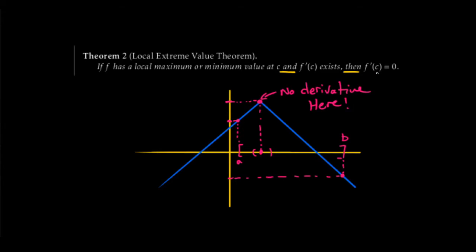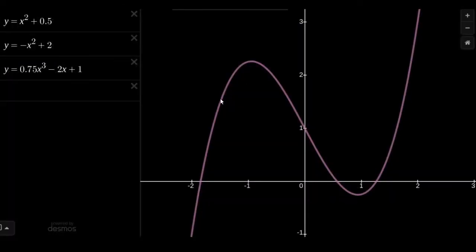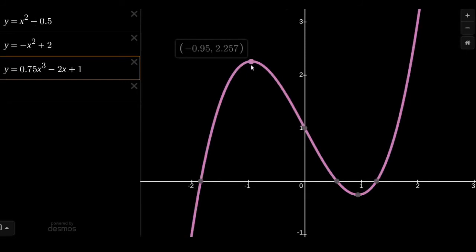Let's look back at our graphs real quick to see exactly how this works. All right, let's tab on over. There we go. Looking at this guy, local maximum. Hey, wouldn't you know it, we definitely have a zero derivative right there.